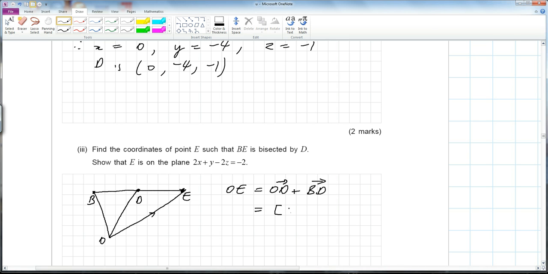OD is just going to be 0, minus 4, minus 1.